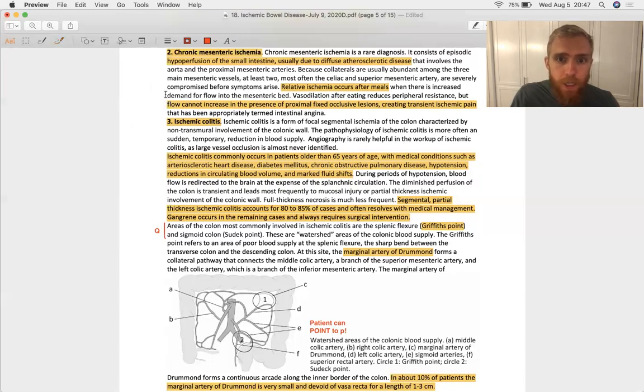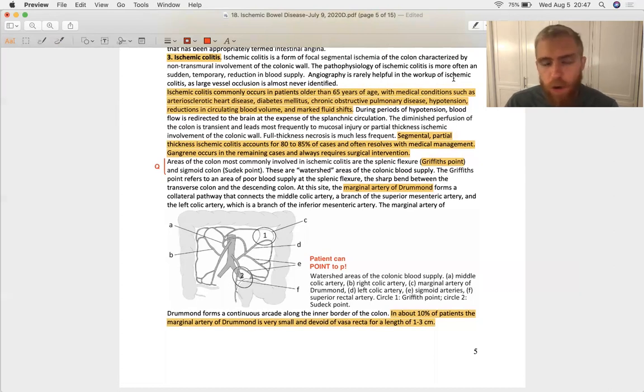Vasodilation after eating ought to fully perfuse the gut, but due to atherosclerosis, the gut doesn't get fully perfused, and so you get some symptoms. That's chronic mesenteric ischemia. Again, what's it caused by? Atherosclerosis. What's the question going to be about? Probably atherosclerosis.